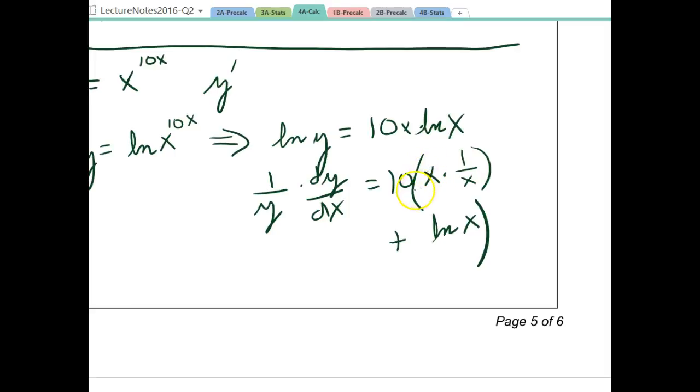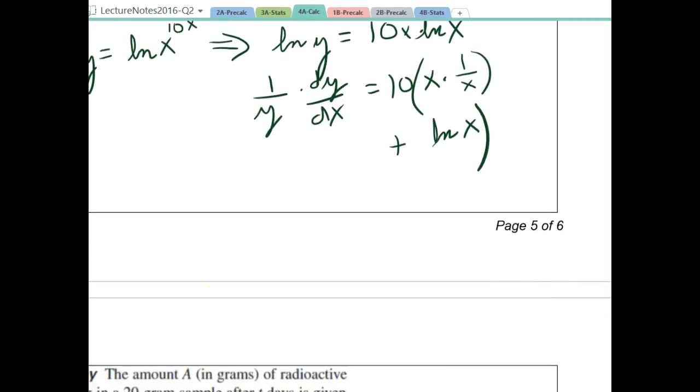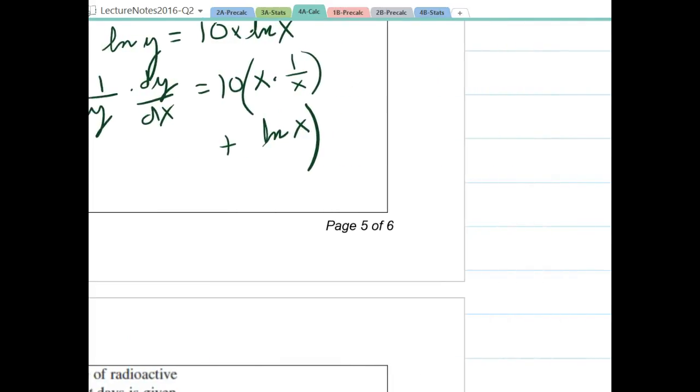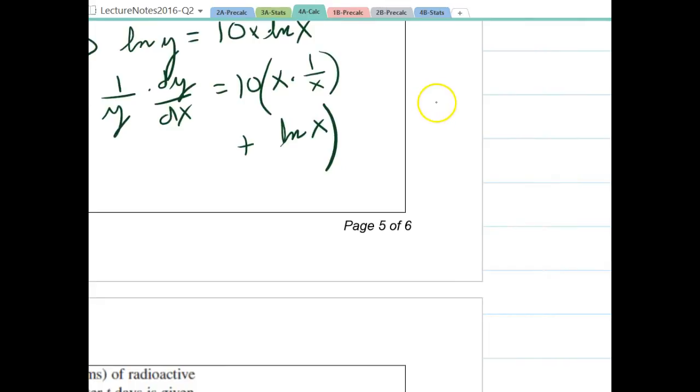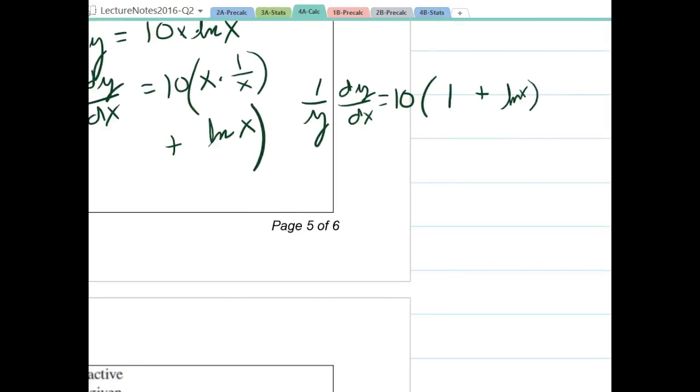So what I end up with, coming down here a little further, I think what I'll do is slide this over this way. So what I end up with is I've got 1 over y dy dx is equal to 10, and that's going to be multiplied by this x times 1 over x is 1, and then that's going to be plus just the natural log of x, like so.